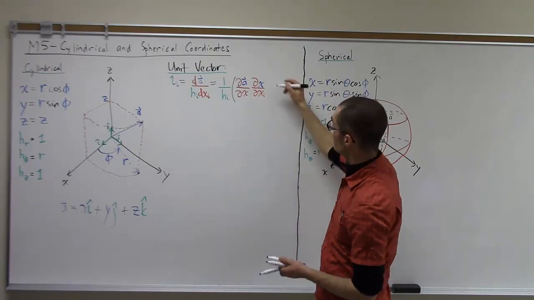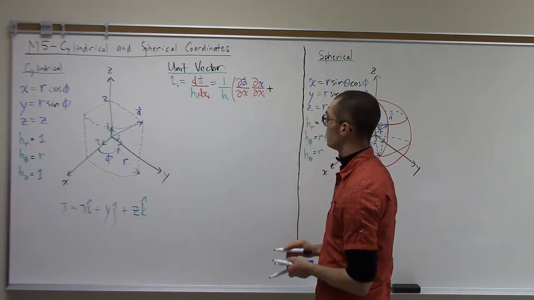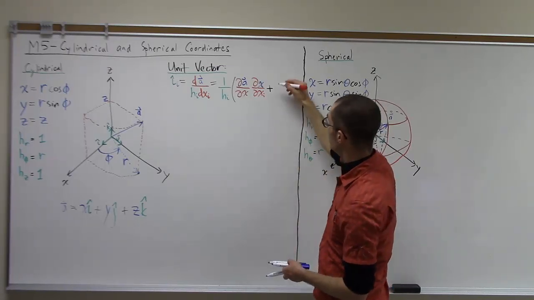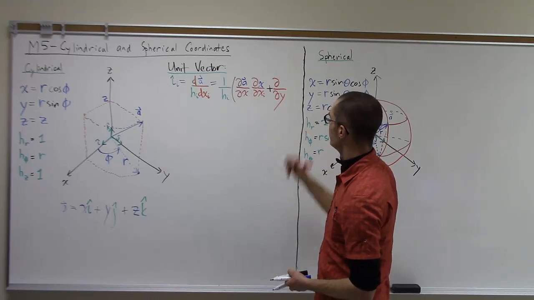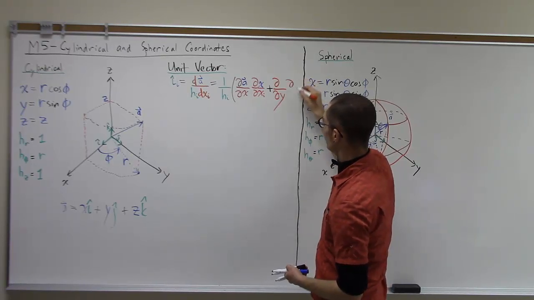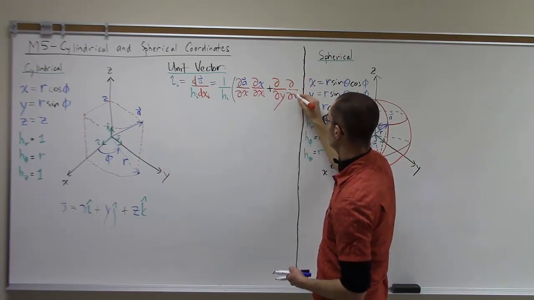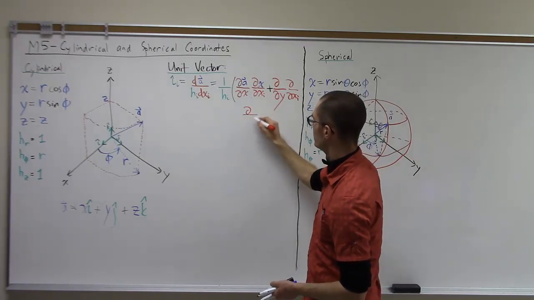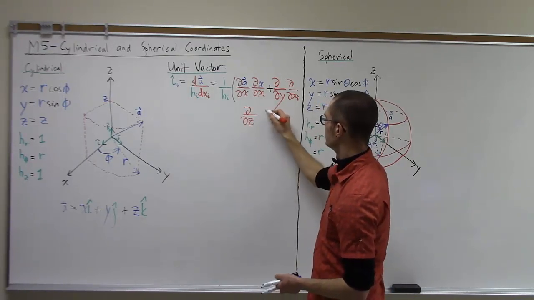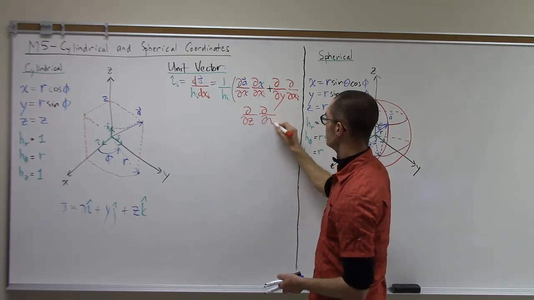Because these are partial derivatives, I have to add up all of the components. So I'm going to have also partial by partial y, and partial y by partial xi, and partial by partial z, partial z by partial xi.